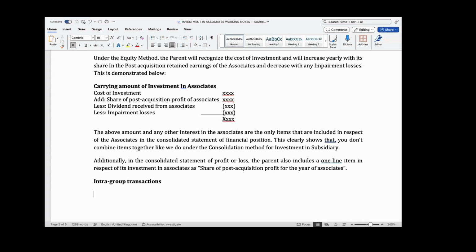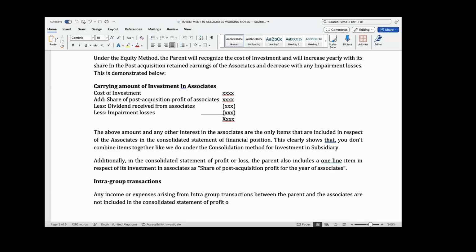Like you learned under consolidation method, the same thing applies here in that any income or expenses arising from intra-group transactions between the parents and the associates are not included in the consolidated statement of profit or loss.